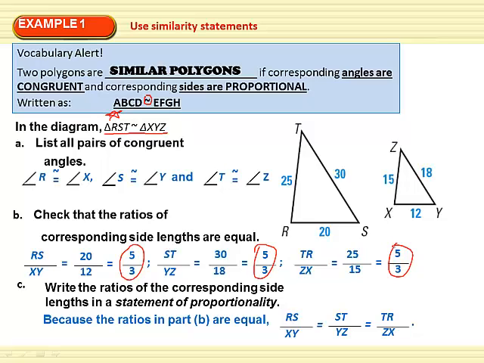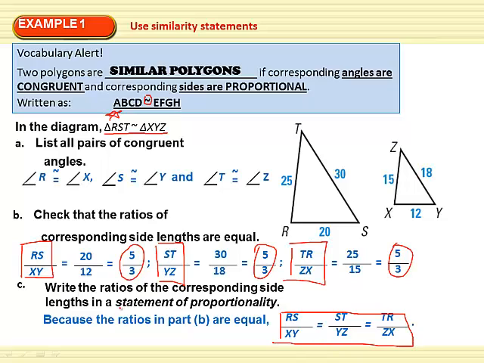So all I'm basically doing is taking the ratios that I had here, here, and here, and setting them all equal to each other, because when they reduce, all the corresponding sides reduce to 5 over 3. So all we do is take the parts from part B and make what is called our statement of proportionality. You need to know what a statement of proportionality is, because I'm going to be referring to it throughout this module and other modules as well.